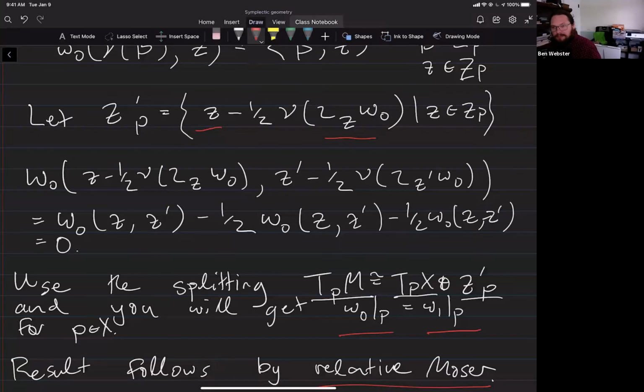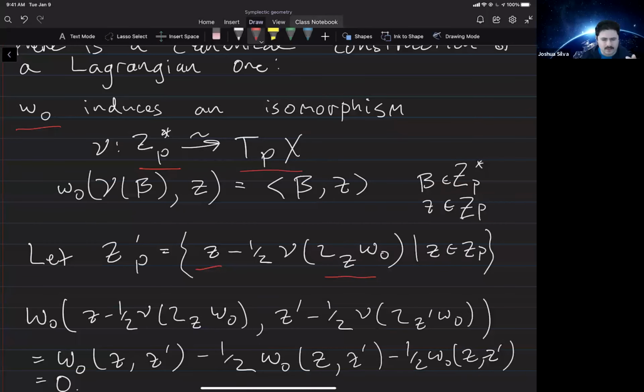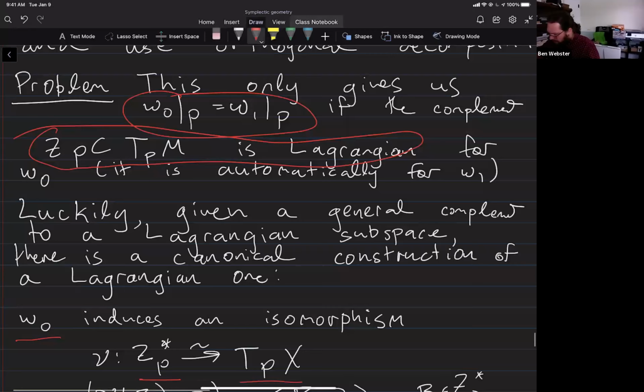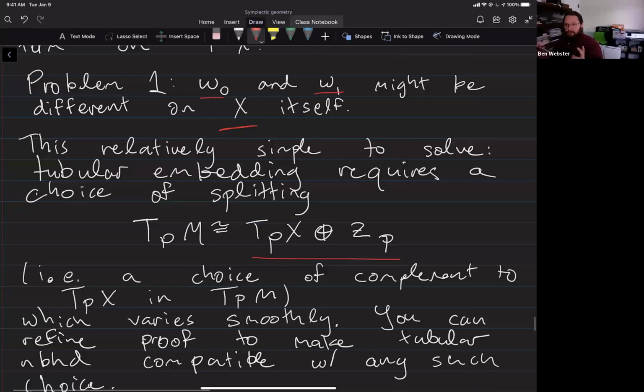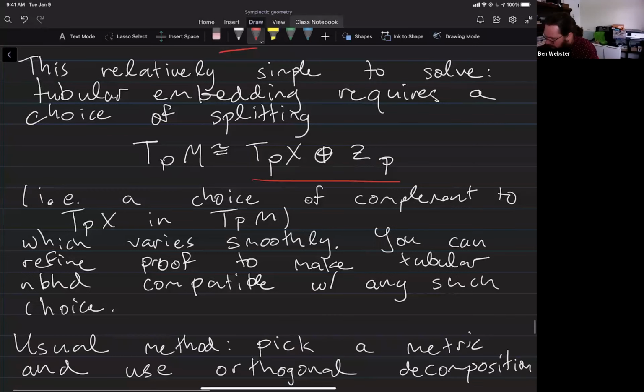Okay, so I was saying that okay, the symplectic omega naught induces an isomorphism from Z_p star to T_p X. And is Z_p the tangent space to the Lagrangian? No. So yeah, no, it's no problem. So in this tubular neighborhood theorem, in order to construct, so yeah, let me say a tiny bit more about what's happening here.